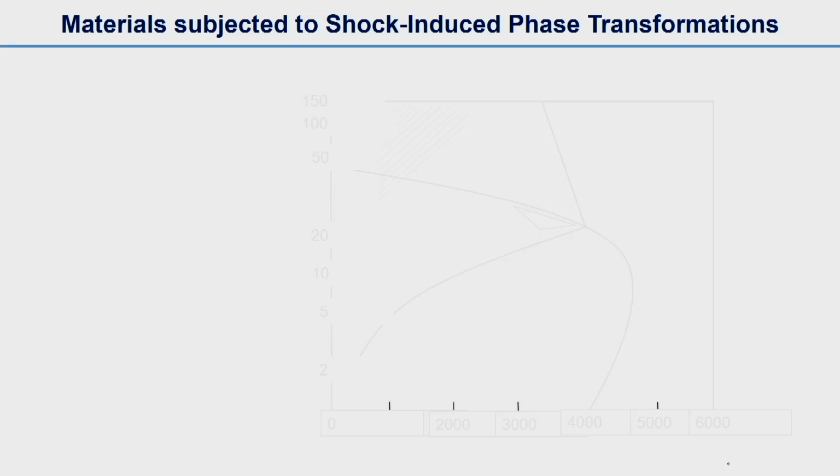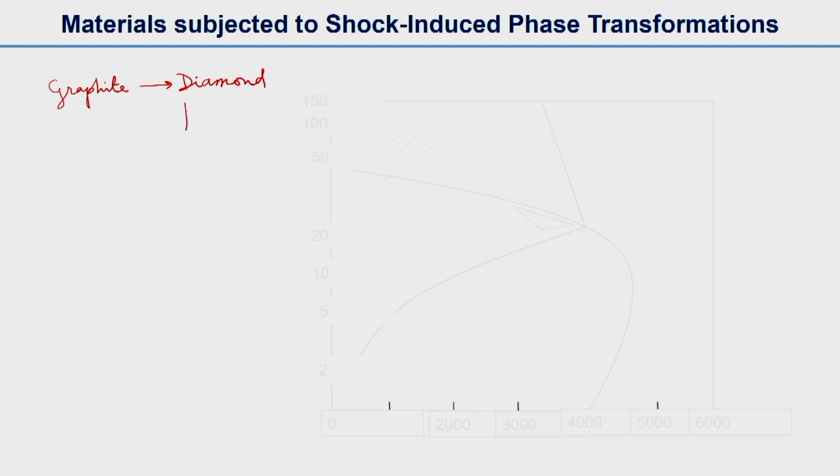Now again we will discuss another example of a shock induced phase transformation, that is graphite to diamond. This transformation we can retain after the passage of the shock wave.